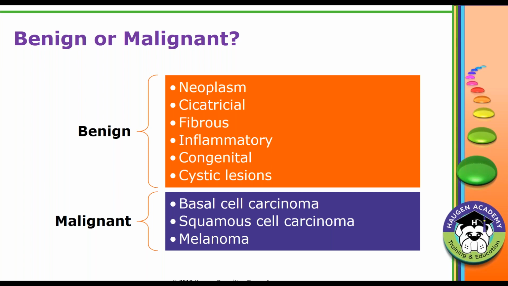You might see BCC for basal cell carcinoma or SCC for squamous cell carcinoma. And then we have melanoma. The basal cell and the squamous cell are grouped together and considered non-melanoma skin cancer. There are a couple of other types that are pretty unusual, but those include Merkel cell tumors or dermatofibrosarcoma type tumors on the skin as well.